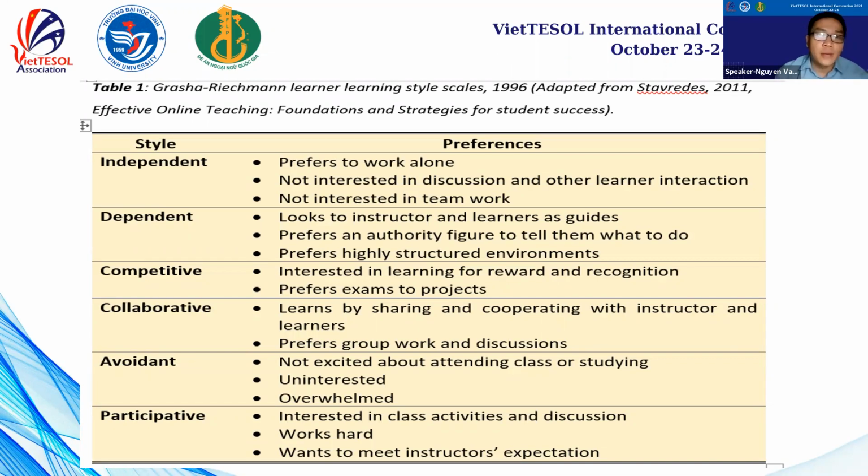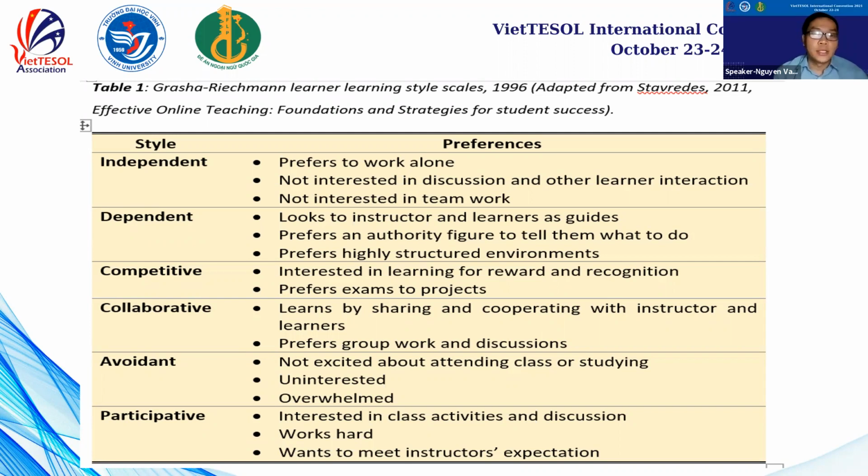For example, you can see independence for the independent learner who prefers to work alone, who is not interested in discussion and other learner interactions, and is not interested in teamwork. In contrast, you can see the collaborative learner who prefers to cooperate with others, who prefers working and discussion.